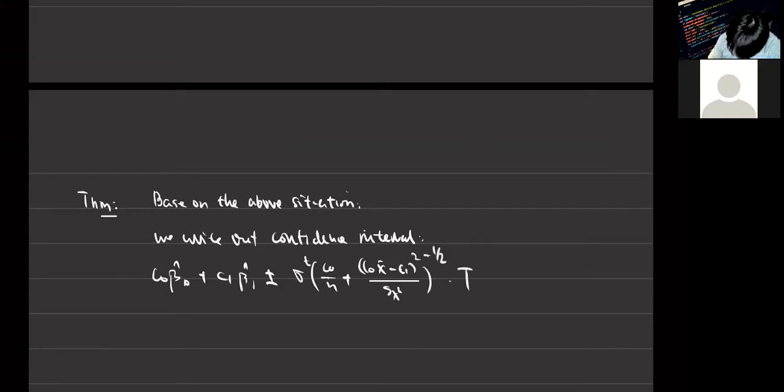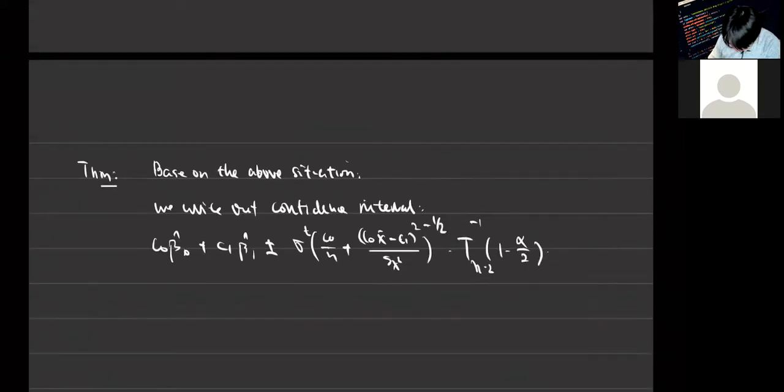And this is T n minus 2 inverse 1 minus alpha over 2. All right. Okay. So right, actually, I'm sorry, I made a mistake here. This is not inverse, this is square. Okay, and then you can kind of think of this as critical value.